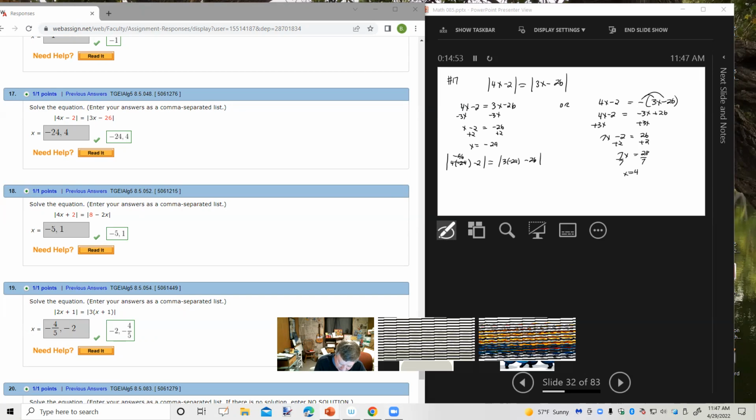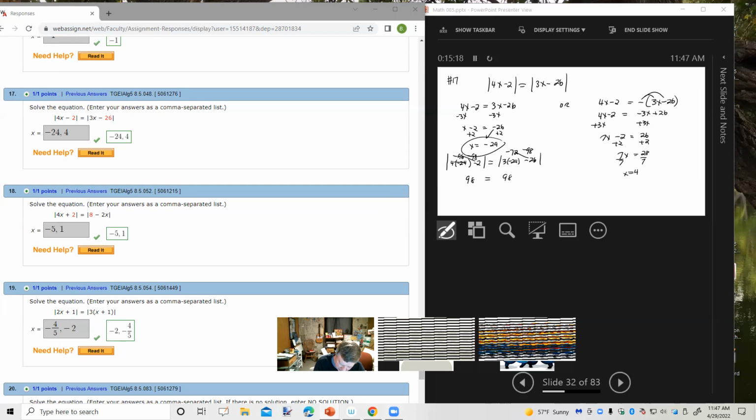Negative 96 minus 2 is negative 98. The absolute value of negative 98 is positive 98. 3 times negative 24 is negative 72. Negative 72 minus 26 would be negative 98, and the absolute value of negative 98 is 98.